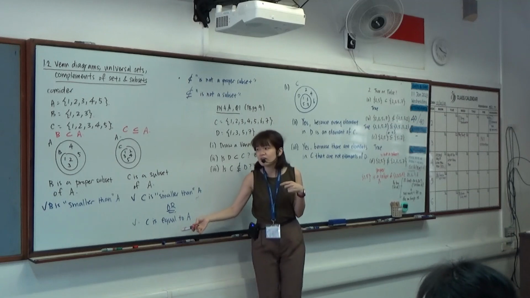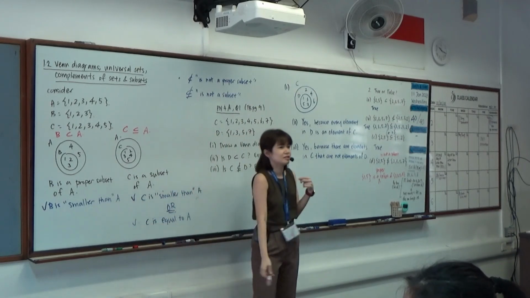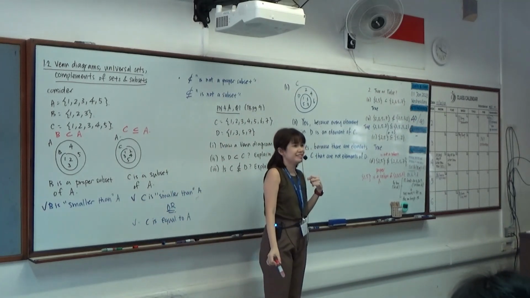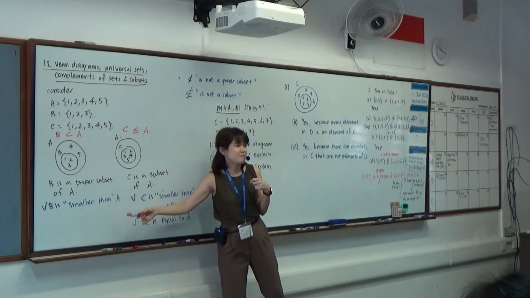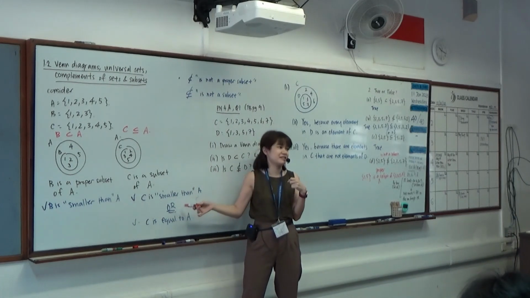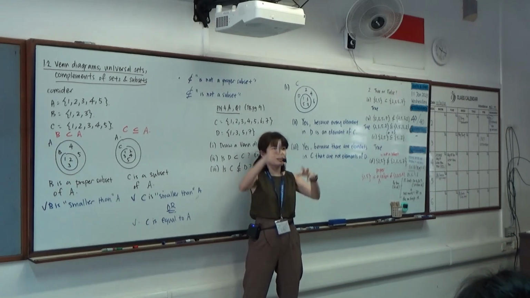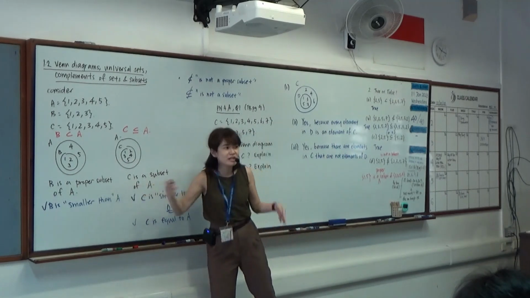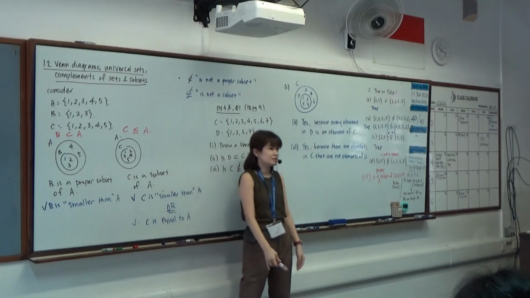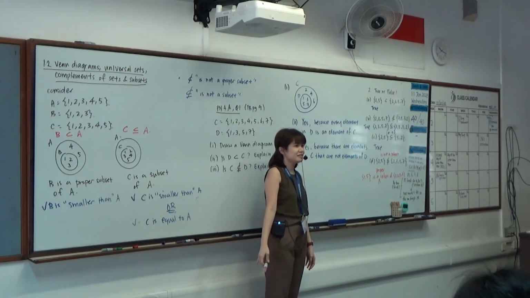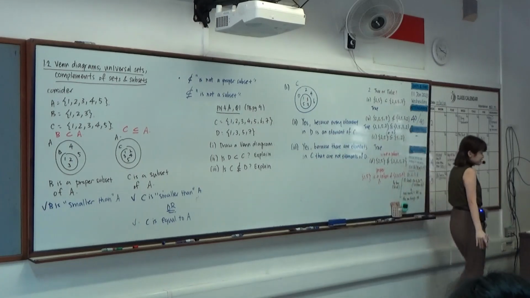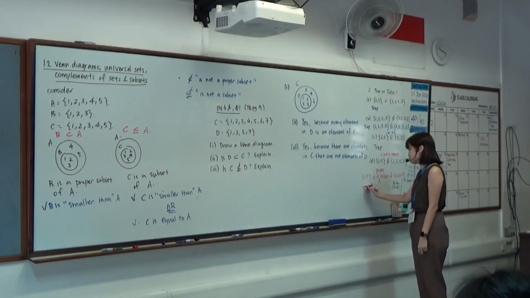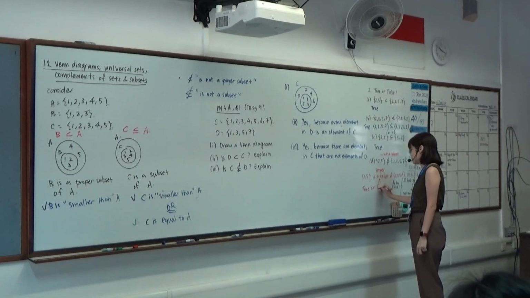But as long as they are equal, they cannot be proper anymore. As long as they are equal, they cannot be a proper subset. But if they are a proper subset, they can be a subset. This one is a bigger idea. This one is a more narrow, more specific idea. Are we clear about it? A little bit confusing. So this one I will say true or false are both correct.